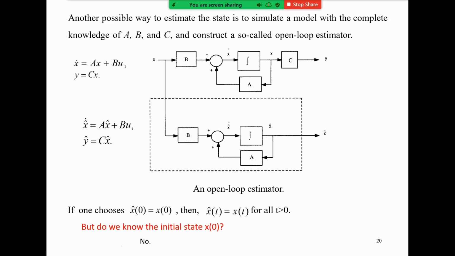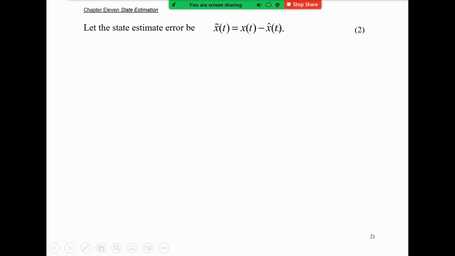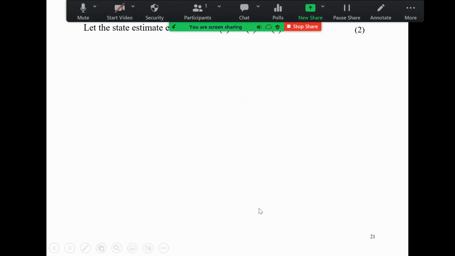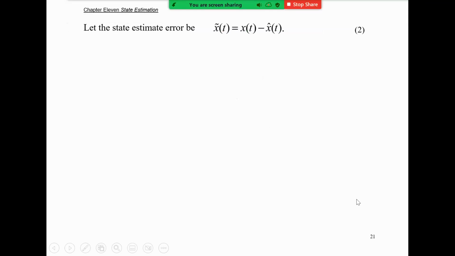So what if the initial states are different? We want to analyze what happens to the estimation error. We want the estimation error to go to zero. It may not be the same at the beginning, but eventually we want the estimation error x tilde to converge to zero.